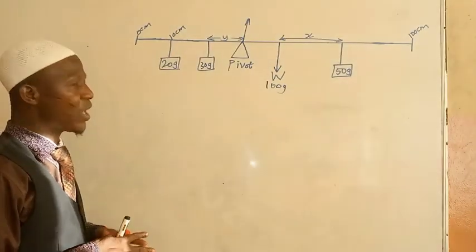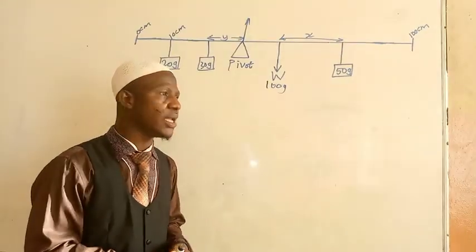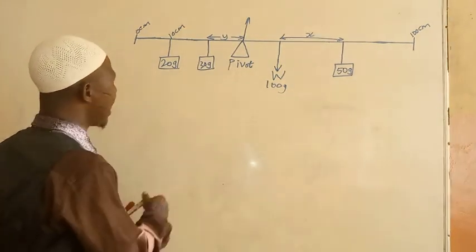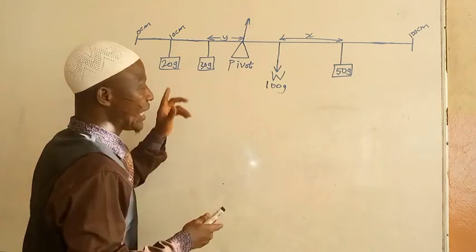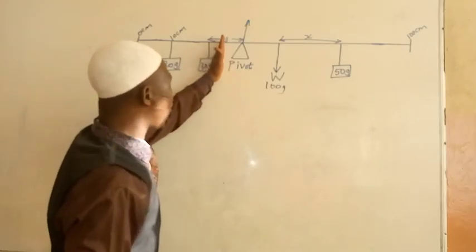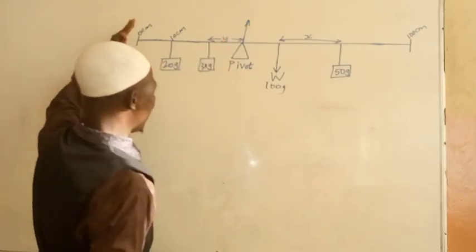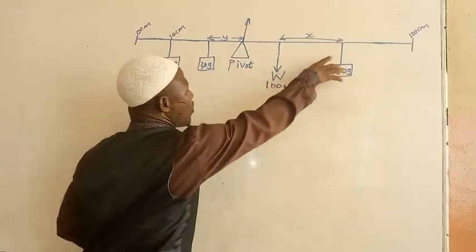Now let's solve the question and see how we are going to get the answer. It's very simple. We are going to apply the principle of moment, taking our moment from here. Any force on this side will move like this, while this one will move like this.